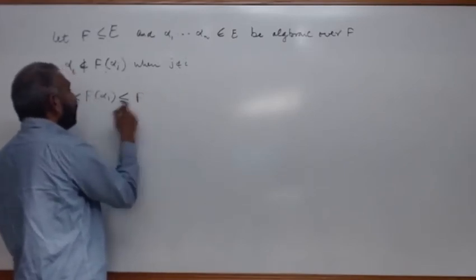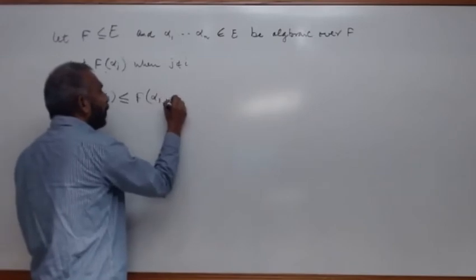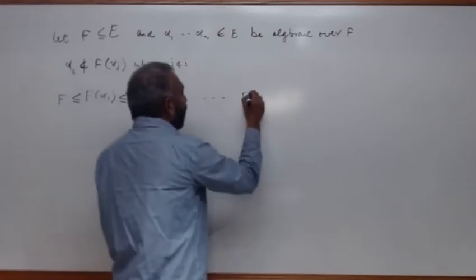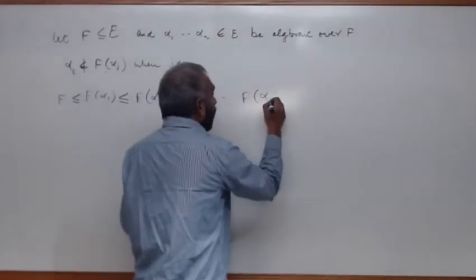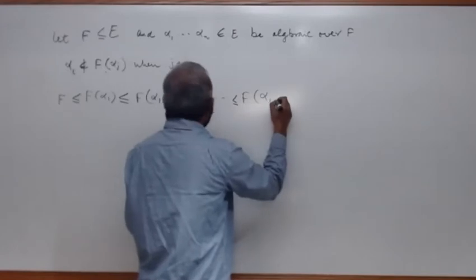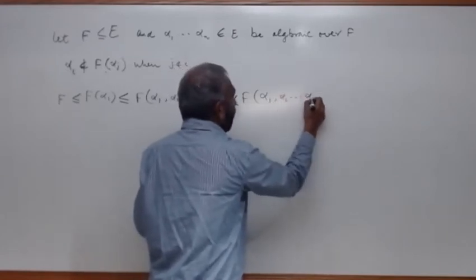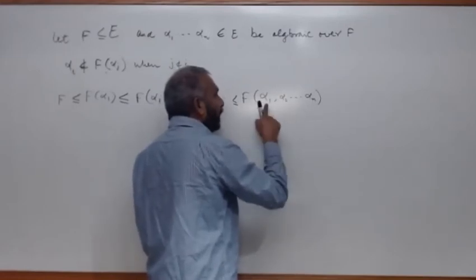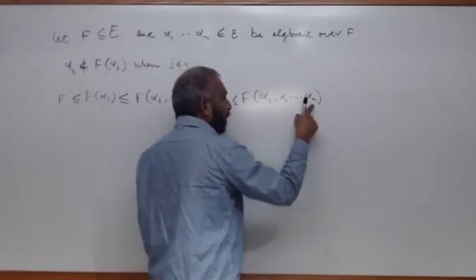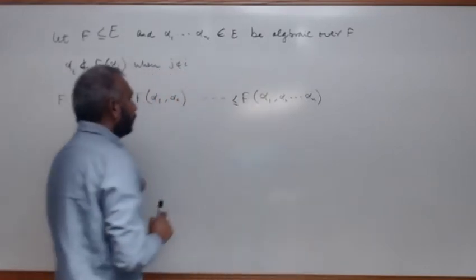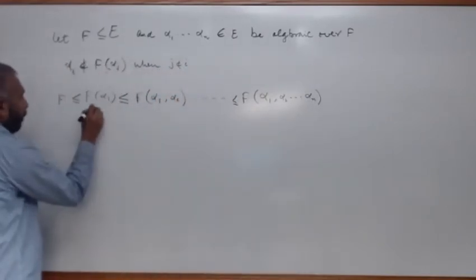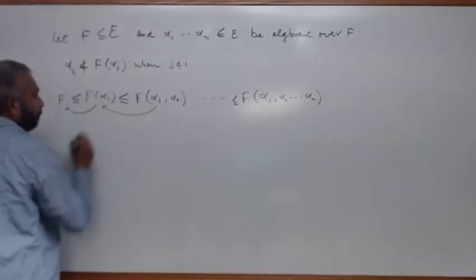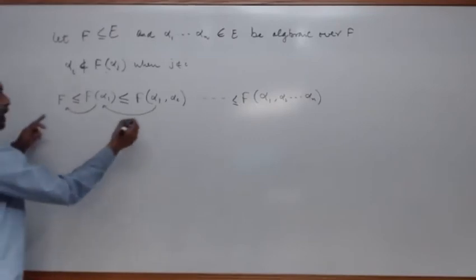This is also a subfield of F of alpha 1 comma alpha 2 to alpha n. The meaning of this one is the smallest field containing alpha 1, alpha 2 to alpha n and F. So this is a finite extension. This is a finite extension. What does that mean?